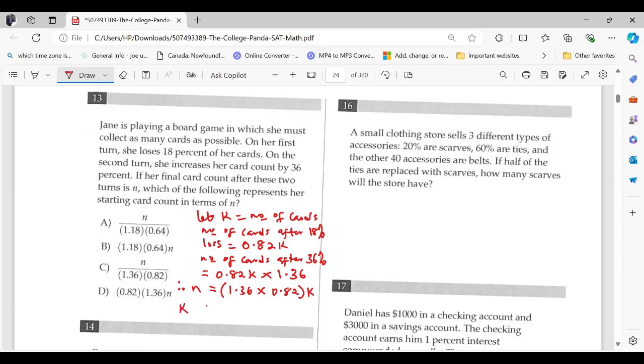So k is going to be n all over 1.36 times 0.82. Then, all right, if you make k the subject, this is what you will get. And that is option C, this option here.